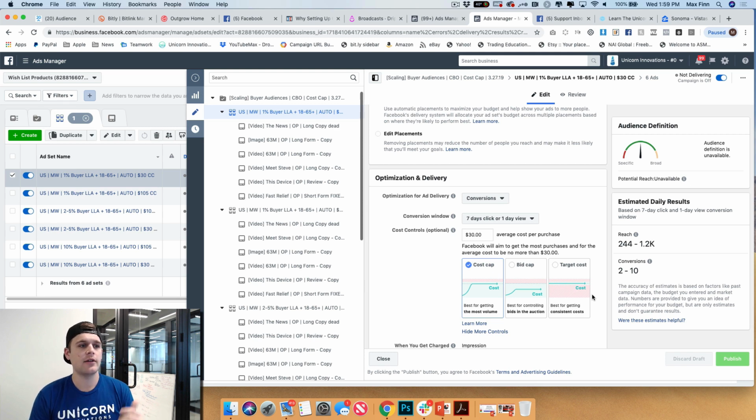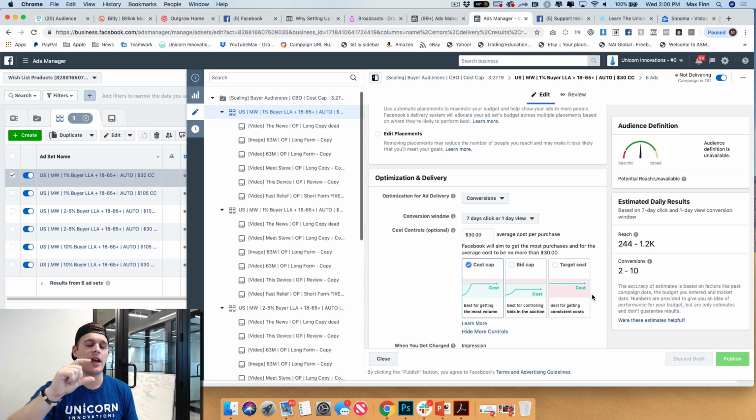Now, what this means is if there are buyers or leads or whatever your conversion objective is, if there are people in a lower price auction, like a $5 auction or a $10 auction, Facebook will not enter you into that auction because that is too far off of where you want it to be on average, and that'll throw it off, right? Conversely, it usually won't go super high.